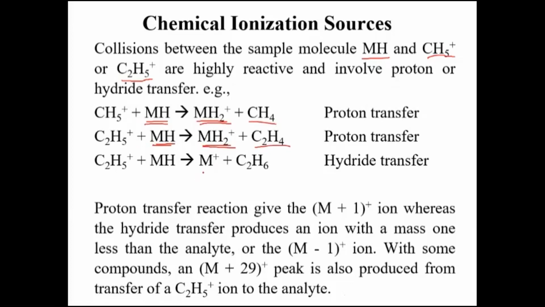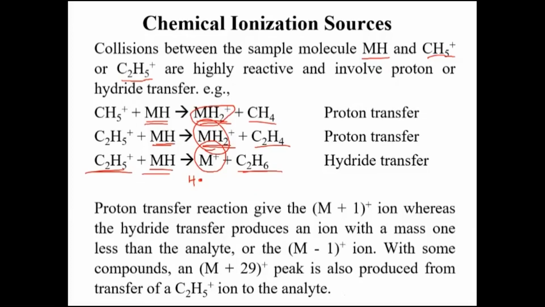In this case, the molecule itself is losing the hydrogen along with its electron to C2H5 plus, and a neutral molecule is the product. So all of these which I am encircling are going to give you one peak in the mass spectrometer.